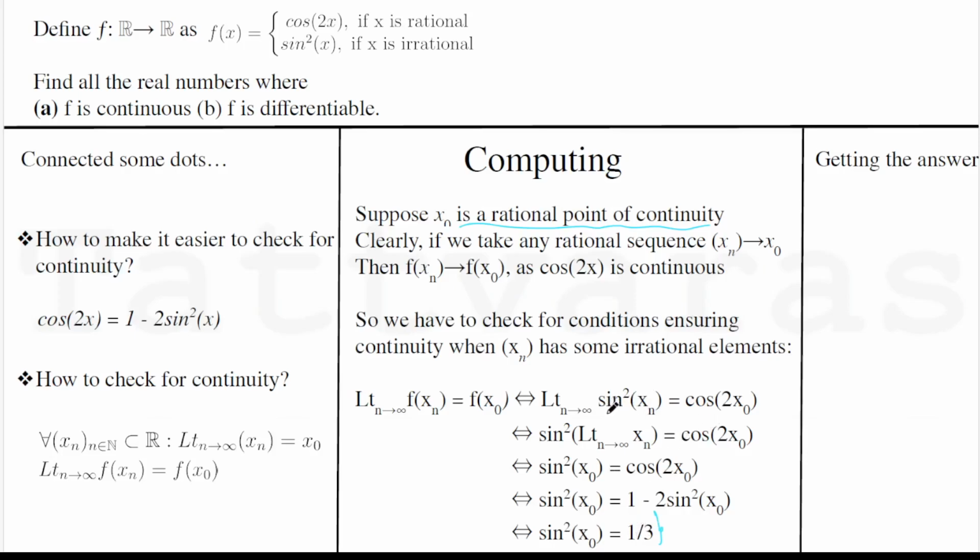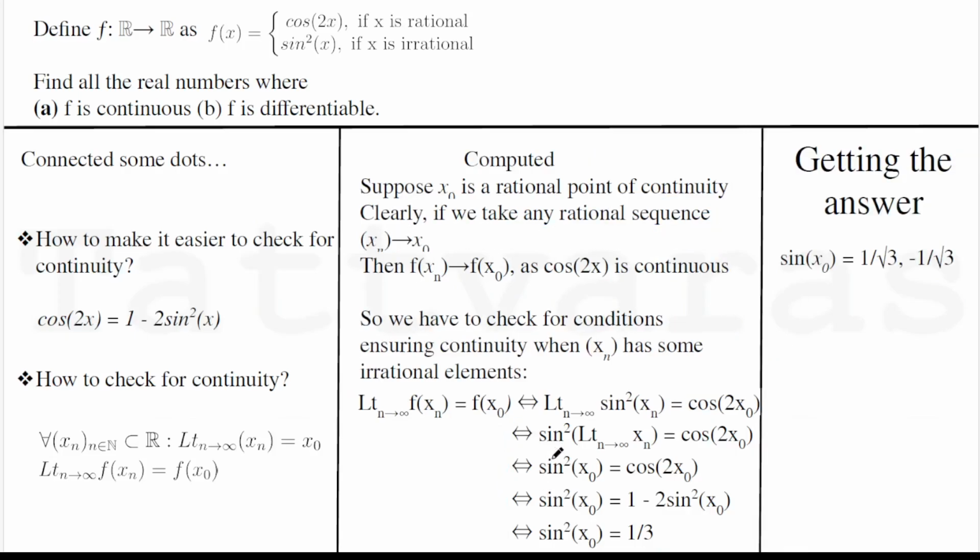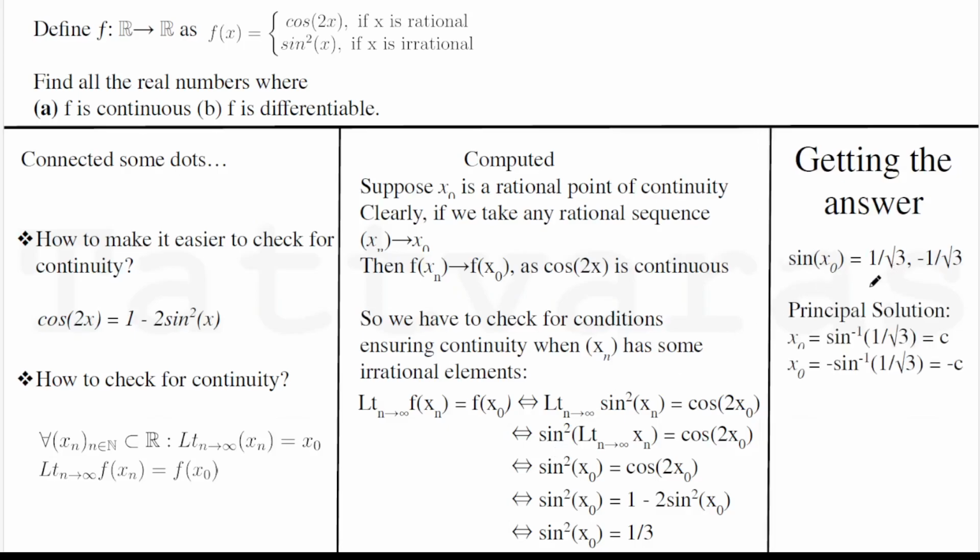Instead of sin square this side you would have cos, and instead of cos this side you would have sin square. So it doesn't matter whether x naught, the point of continuity, is rational or irrational. The method to get to it and back calculate things is going to be the same. Now we would want the answer in terms of x naught only, remove the sign, so we take the sine inverse. So this is the solution.